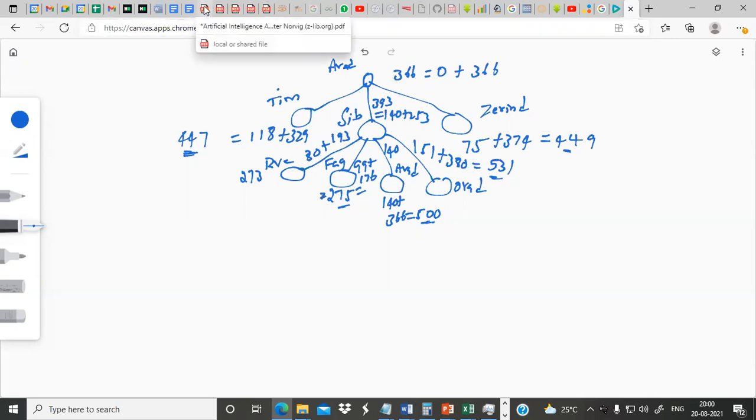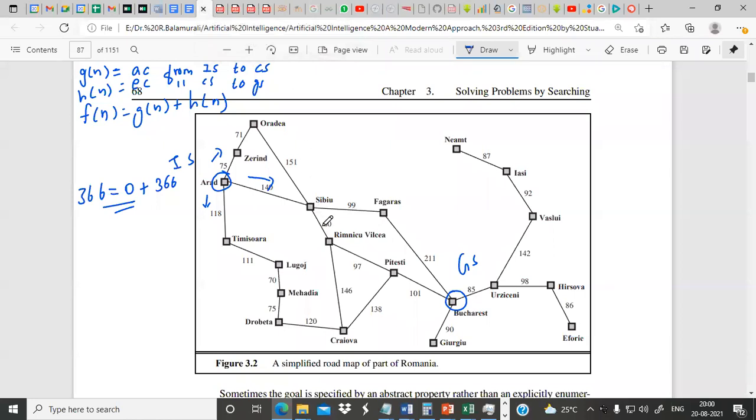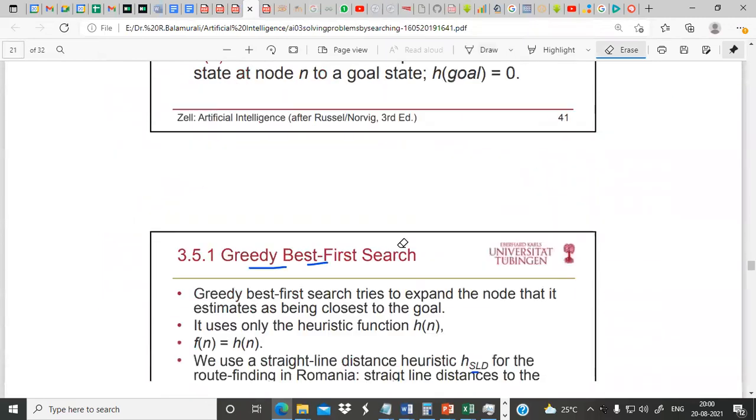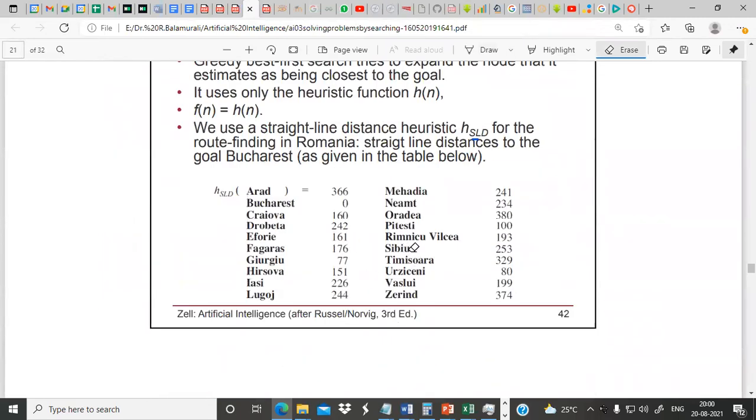Let us check. CBU to Fagores is 99. And what's the estimated cost of reaching from Fagores? 176.